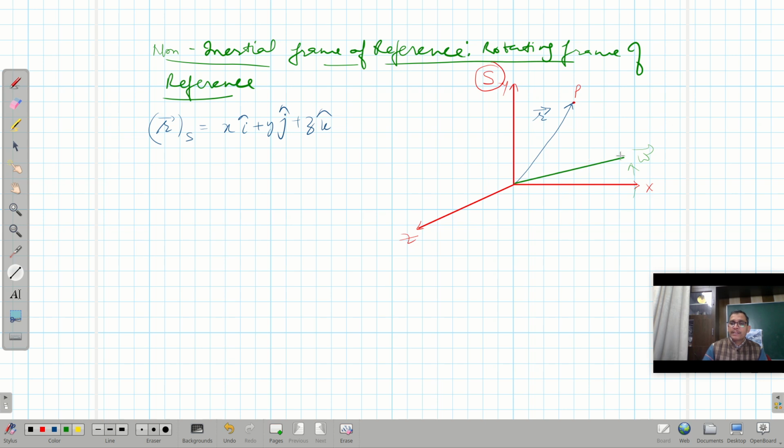Say this is another frame of reference, with axes x prime, y prime and z prime. The coordinates in this frame are x prime, y prime and z prime, but the distance from the origin will remain the same. So in the moving frame of reference, because it is rotating with uniform velocity, the vector is represented by r in the rotating frame.